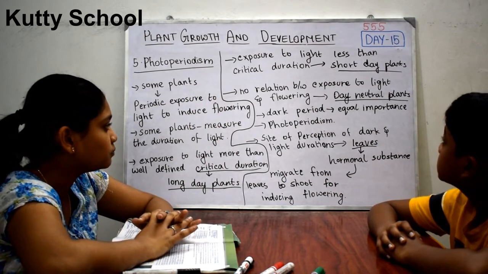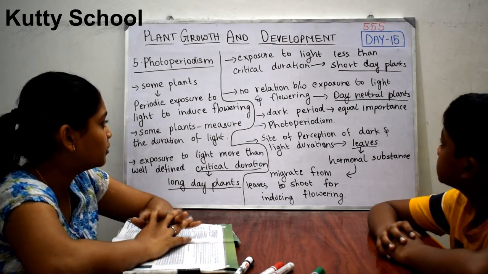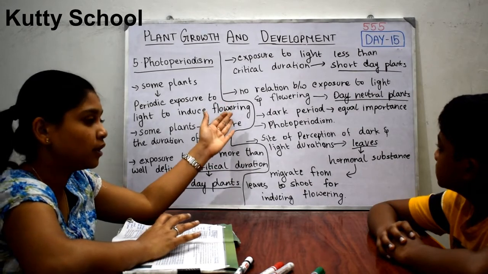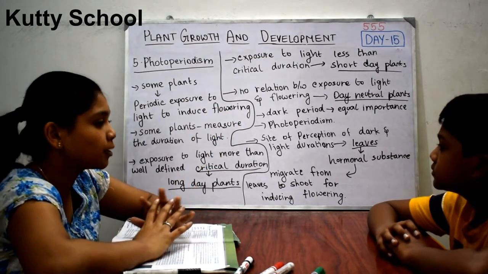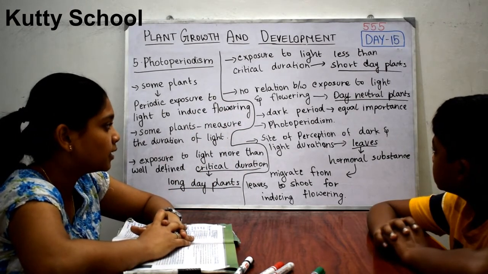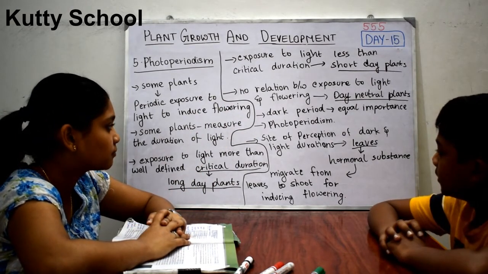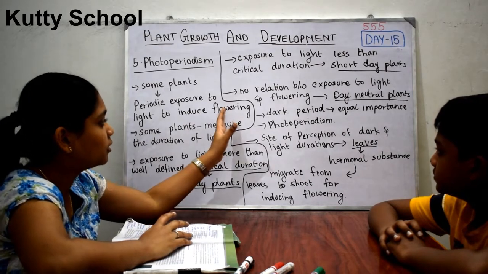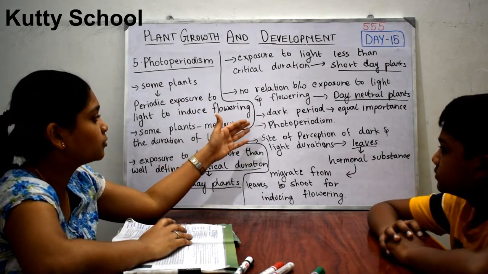So these are all based on light conditions. After that, they proved that the dark period also plays a major role in plants. The dark period is given equal importance.